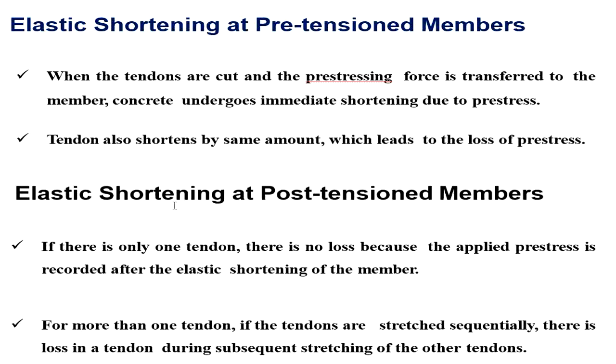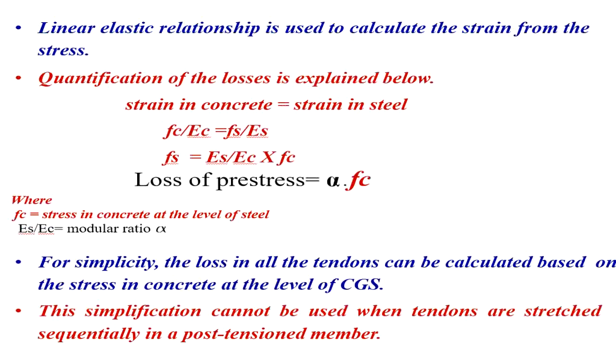In case of a post-tension member, if there is only one tendon, there is no loss because the applied pre-stress is recorded after the elastic shortening of the member. For more than one tendon, if the tendons are stretched sequentially, there is loss in pre-stress. So how to calculate this loss?